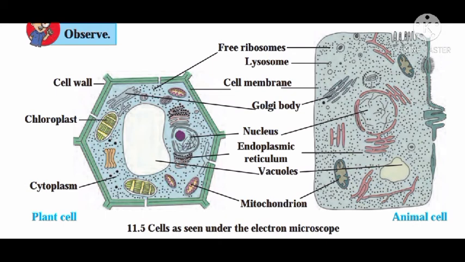But in the plant cell, cell wall and chloroplast are present, and in the animal cell, lysosome is present, which is absent in the plant cell. Chloroplast and cell wall are not present in the animal cell.